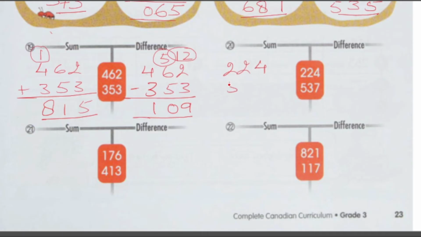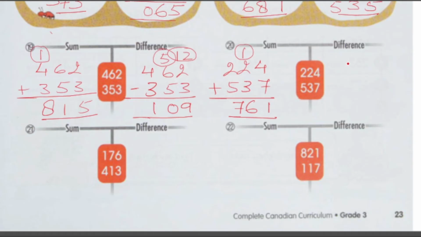So in this case, 224 and 537. 7 plus 4, 11. Carry 1 forward. 2 plus 1, 3 plus 3, 6. 5 plus 2, 7. So the sum is 761. In this case, this number is bigger.